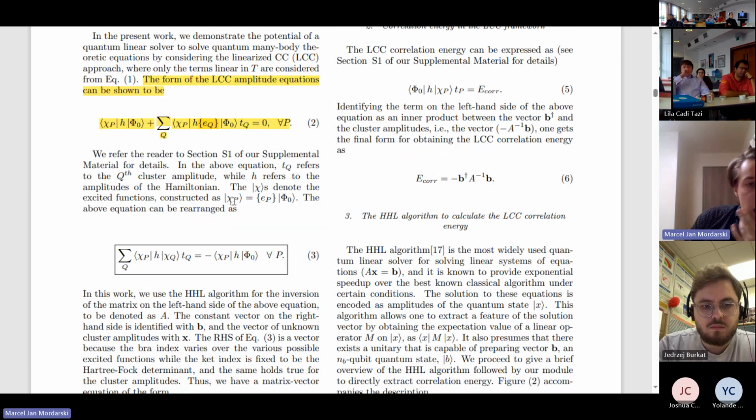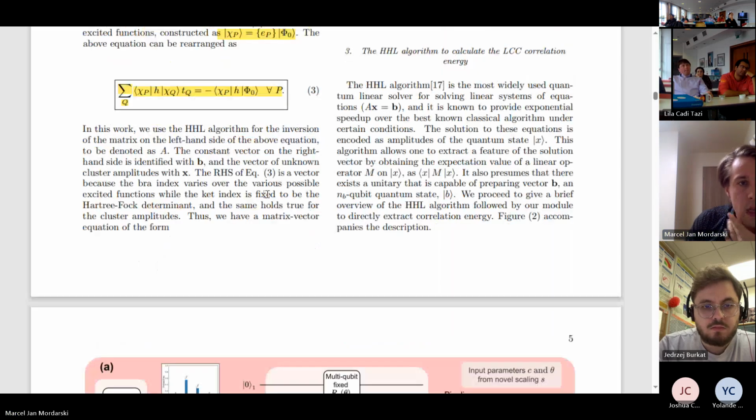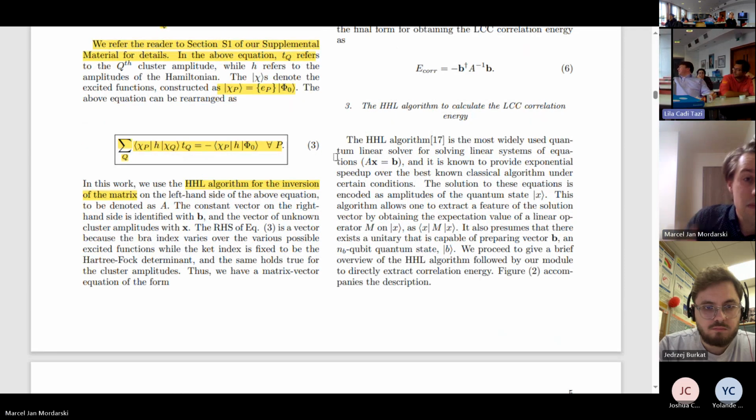Right, so what they are concerned with is the calculation of these excited wave functions. So to do that, they rearrange equation 2 to the following form, and then they use the HHL algorithm for the inversion of the matrix on the left-hand side of the equation. So it's really unclear to me whether that's a useful equation to solve. Number 3, or even number 2. What's the intuition behind it?